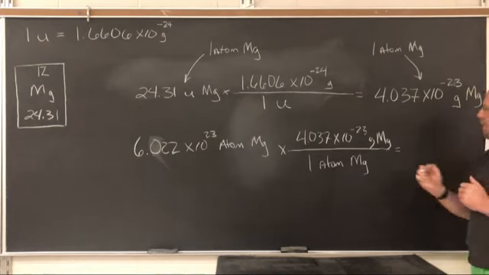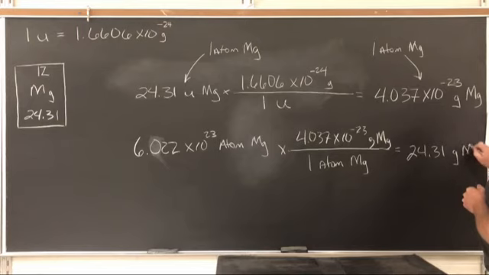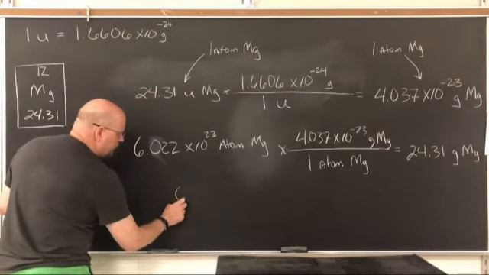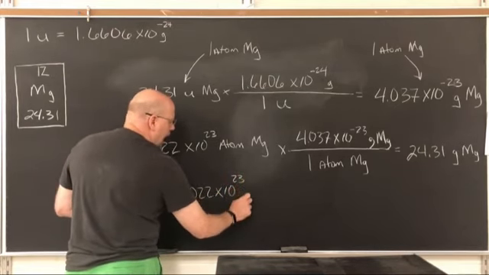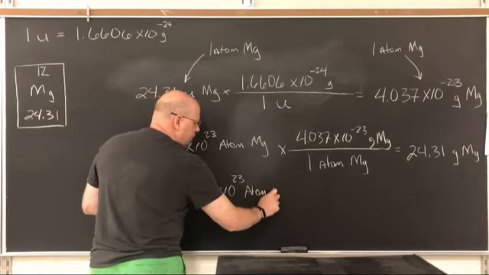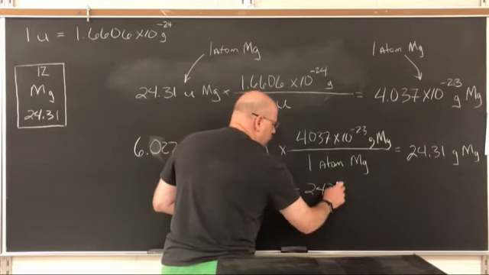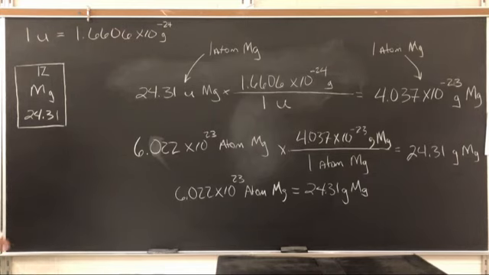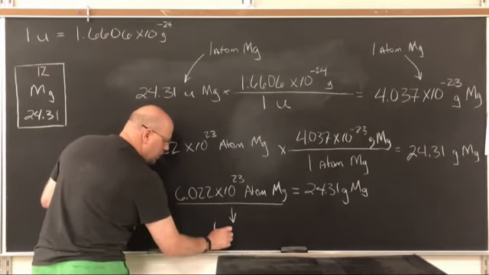And when you calculate that out, you get 24.31 grams of magnesium. What this means then is that 6.022 times 10 to the 23rd atoms of magnesium is equivalent to 24.31 grams of magnesium. The importance here is that this unit right here is 1 mole.